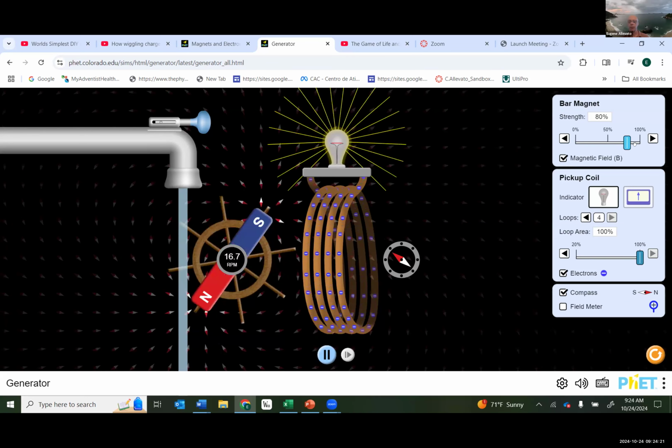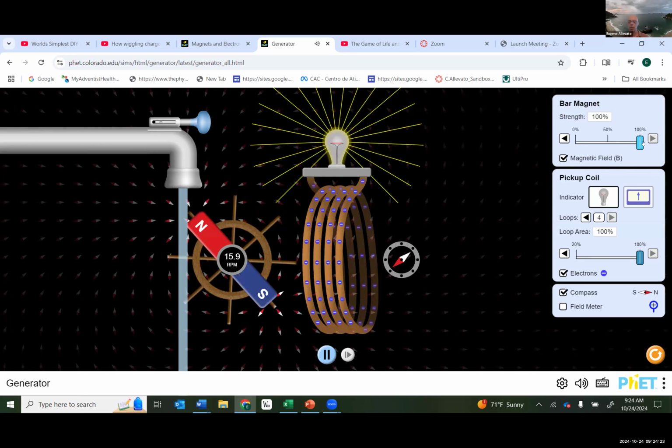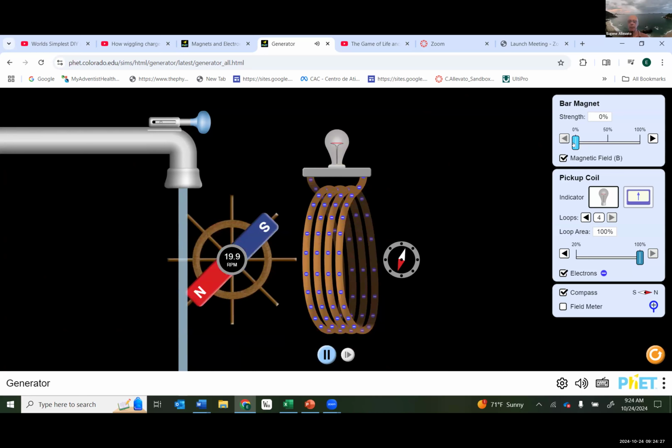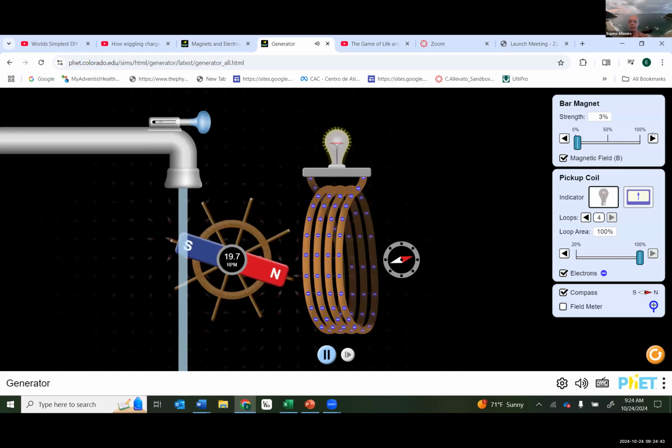I can also change here the strength of the magnet. So now I put magnet at 0, so it's not a magnet anymore. If there is no magnet, you can see that there's going to be no current, right? Now let's start increasing the magnet.